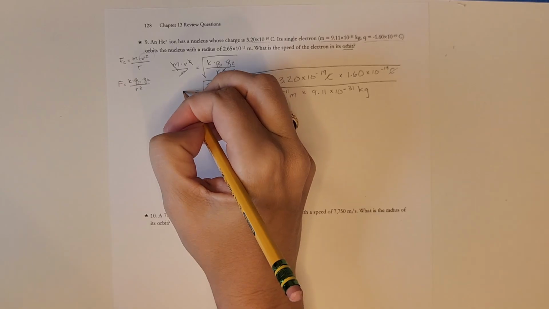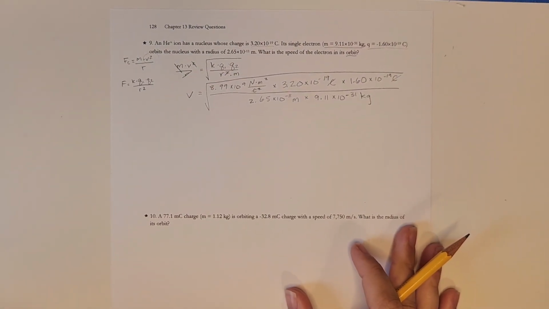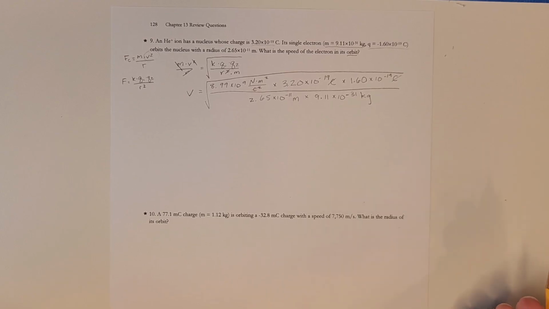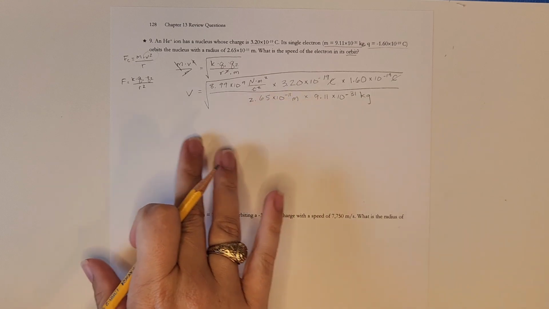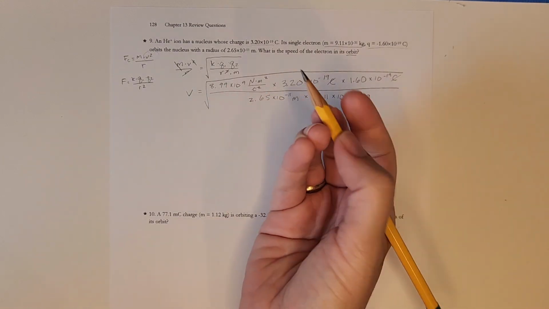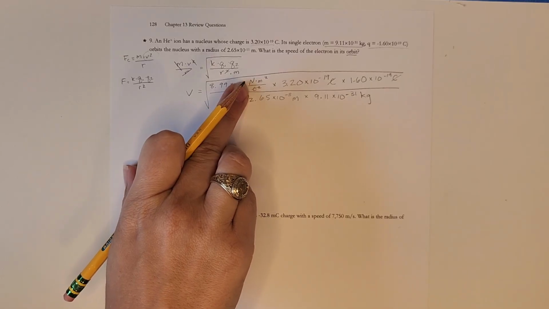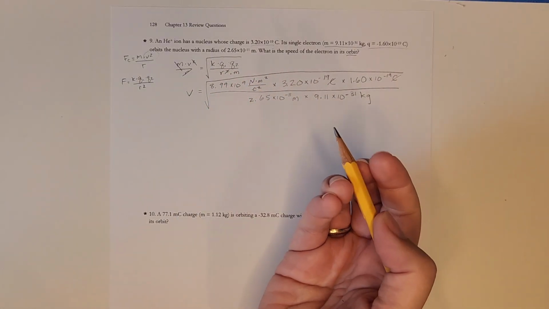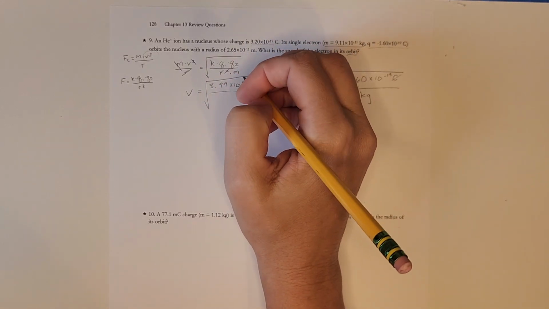And remember that we're getting velocity. So we need to end up with meters per second squared, meters squared per second squared over here, so it ends up with meters per second for the velocity. Let's convert the newtons into the individual units that make it up.